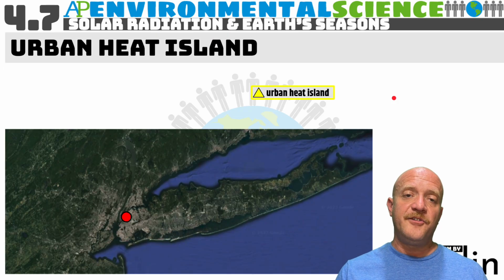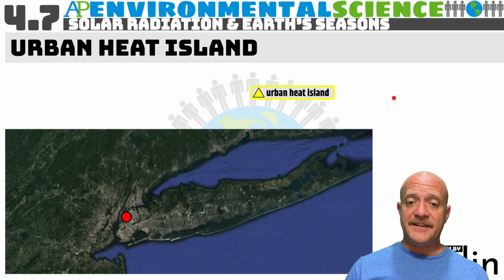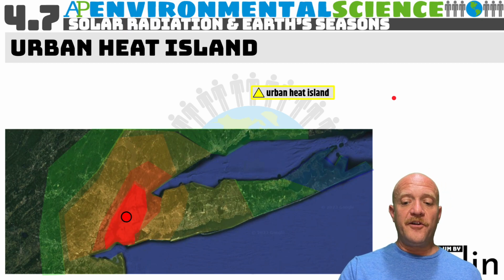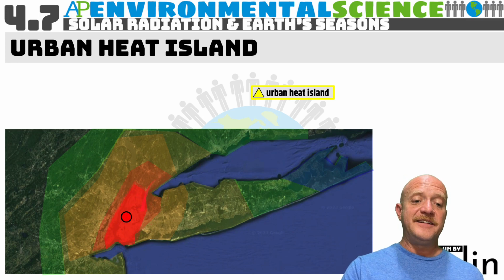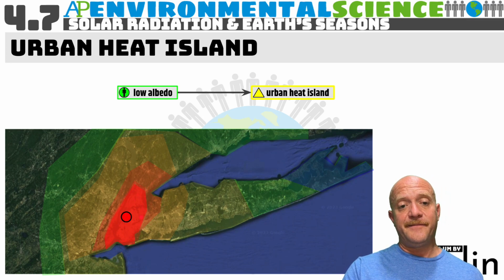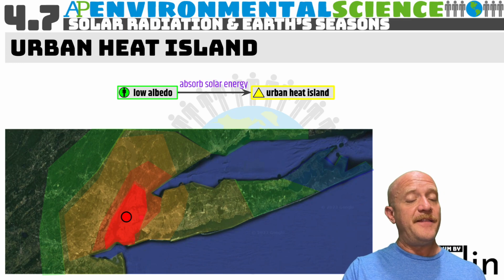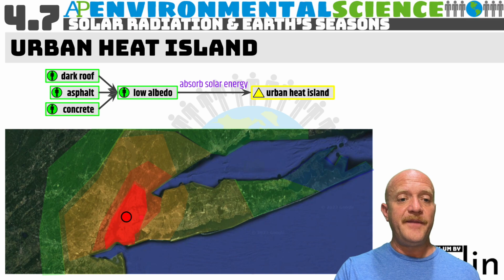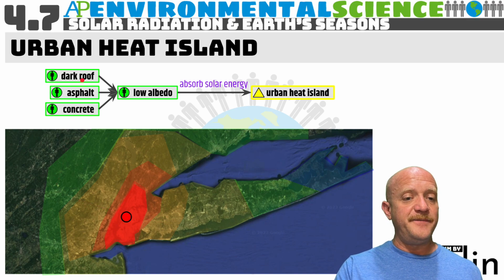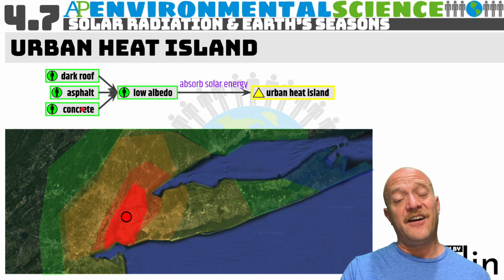Now, these can all contribute to the urban heat island effect. And what is that? Well, the urban heat island is when a metropolitan area absorbs so much solar insolation that it has a higher temperature than the area around it. So areas like this have low albedo because they will be absorbing the solar energy, maybe because of dark roofs, asphalt, and concrete.